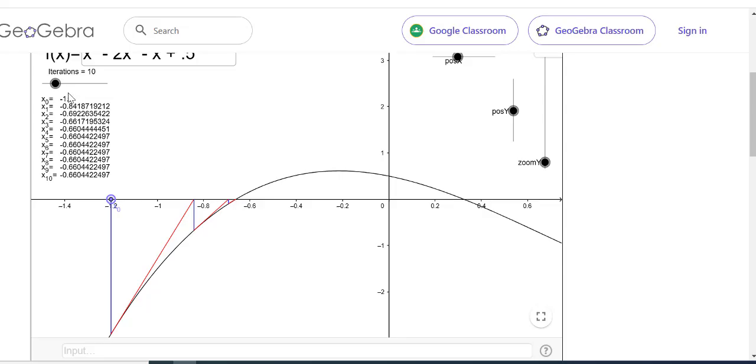What you can see is I can use Newton's method, this method for finding zeros, and I can go through each iteration, each step along the process. If I started with negative 1.2, that was my first initial guess, each guess is going to get me closer and closer to that ultimate zero that I see.